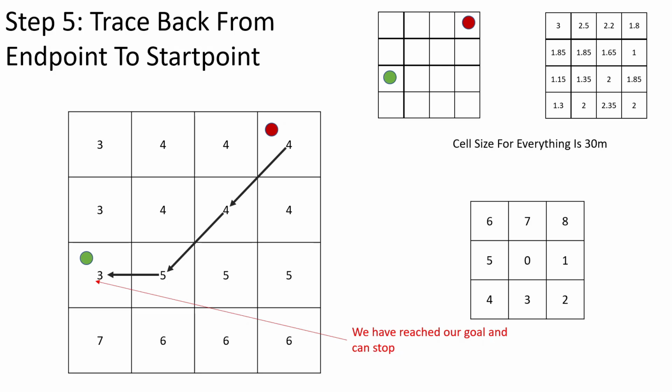So what we would do in this case, now that we've reached our goal, is we would have a raster showing us the path from our endpoint to our starting point. And we could take that and convert it to vector and display it however we wanted to. Just to recap what we did, we started with a set of raw data and 2 points in space.